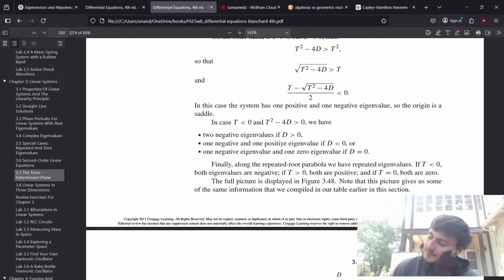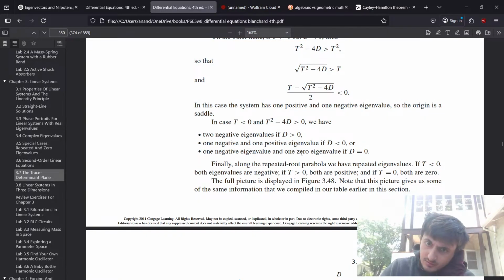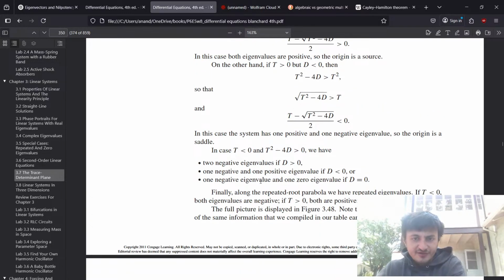However, if the square root of t squared minus 4d is greater than t, then we get one positive and one negative. So if it's 0, yeah, okay, all right. So it's the same as above, it's just flipped.